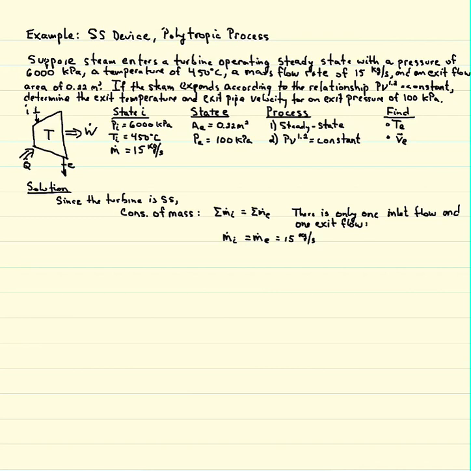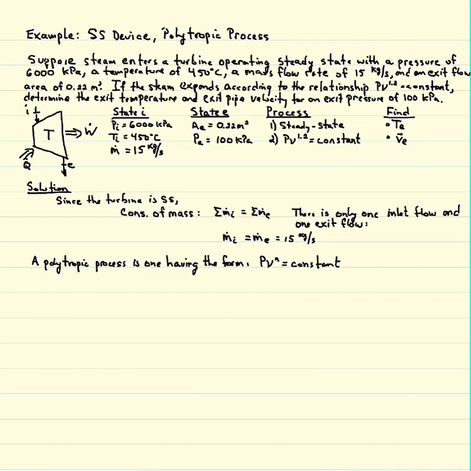Okay, so let's think about this polytropic process now. Whenever we call something a polytropic process, a polytropic process is one having the form of PV to the N is equal to a constant. So pressure times specific volume raised to the constant.